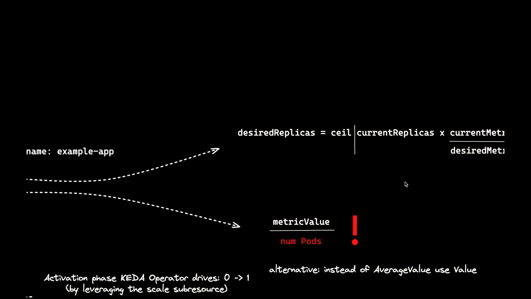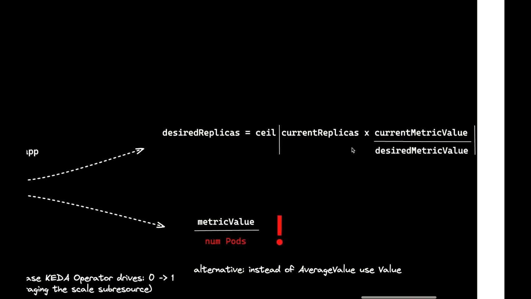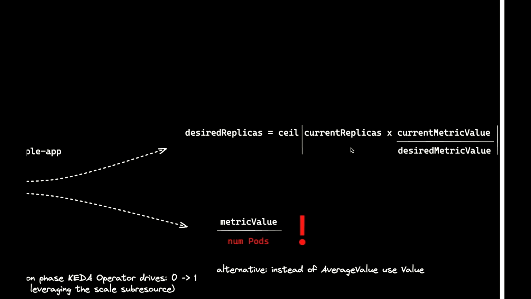So what happens when we have defined the scaled object is that we also have an HPA resource, like I said, which is generated by KEDA, and then HPA works as usual. It makes a computation of the desired number of replicas, in my case pods, by using this algorithm which you might be familiar with if you've worked with HPA before.